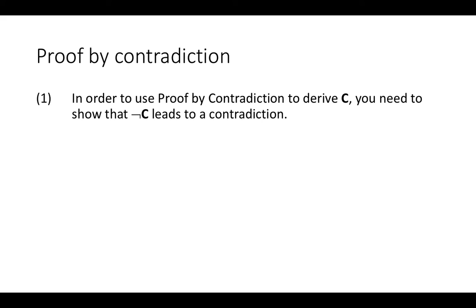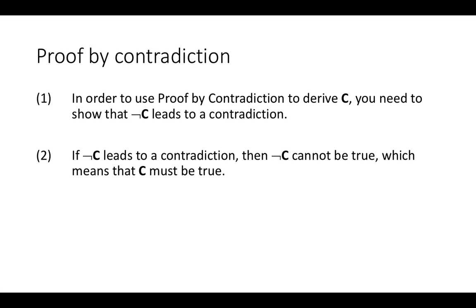So let's get going. To see why we need the contradiction symbol, think back to the informal proof technique of proof by contradiction that we encountered back in Module 13. Here's the basic idea. In order to use proof by contradiction to derive C, you need to show that not C leads to a contradiction.